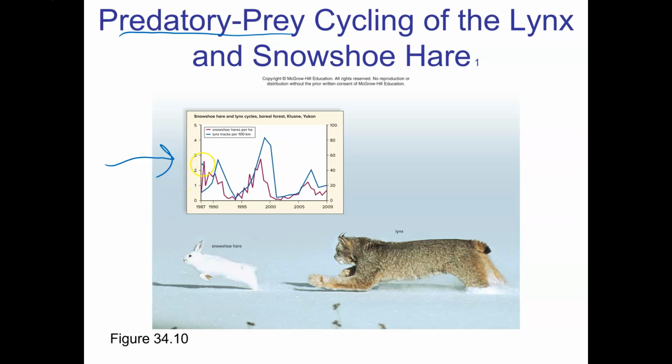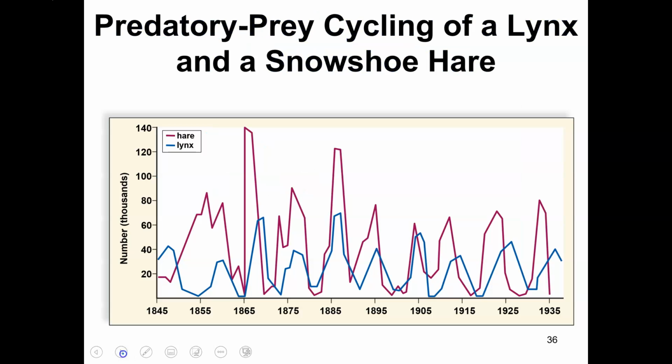But as snowshoe hare numbers increase, then we have predator increase. So when the predators increase, snowshoe hare numbers decrease, which causes the predator population to decrease. And so they follow this cycling together. And there you can see that population, which I just talked about.